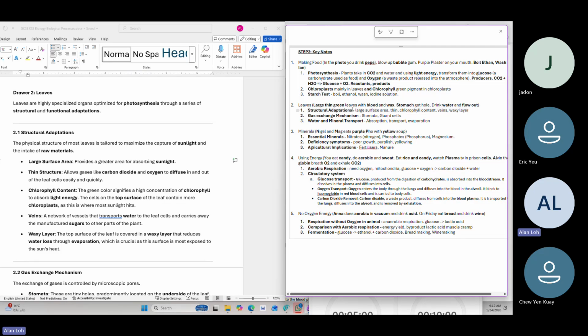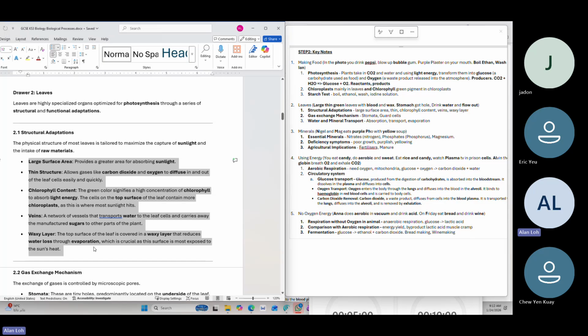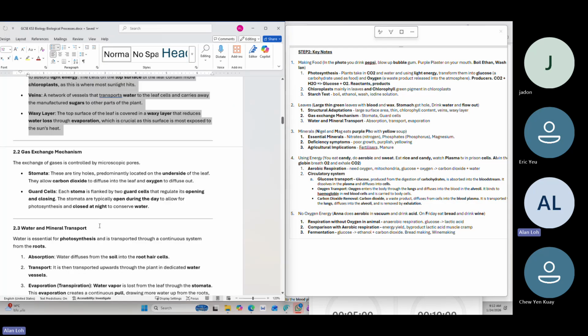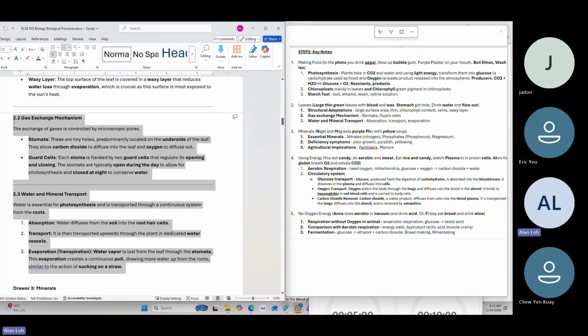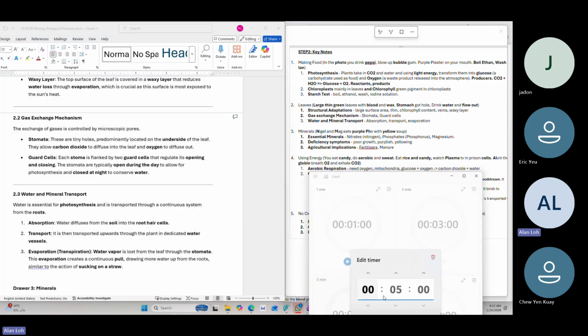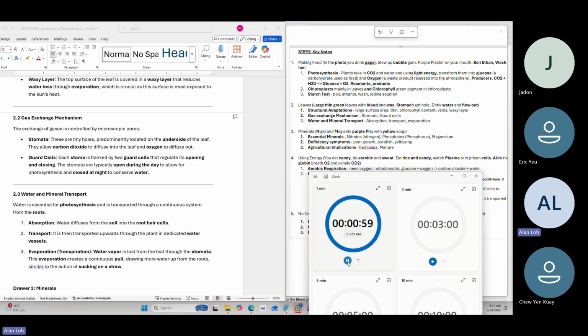Your understanding about this sentence is not as much as what you are right now. That means your knowledge on this drawer number 2 increases a little bit now. And that is what we are trying to achieve. Okay, now 2.2 and 2.3, same drill, 1 minute, and start now.